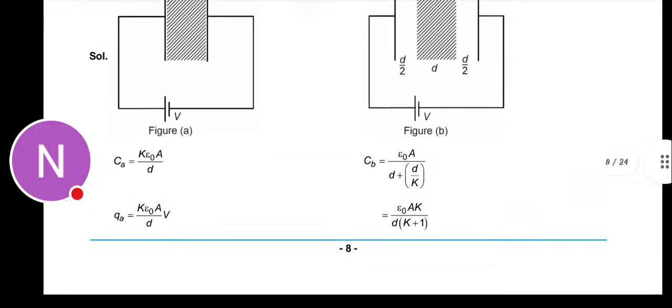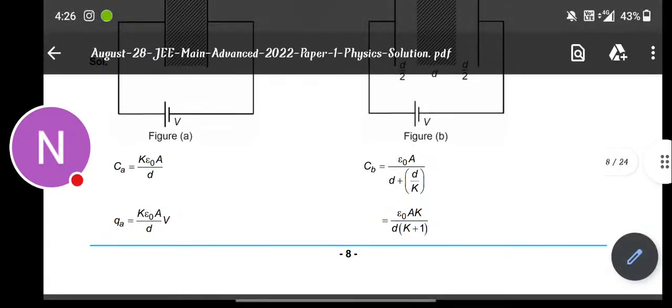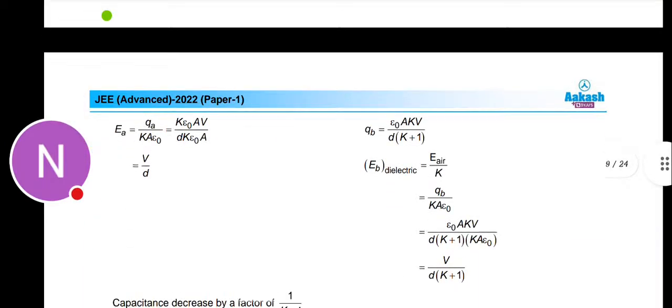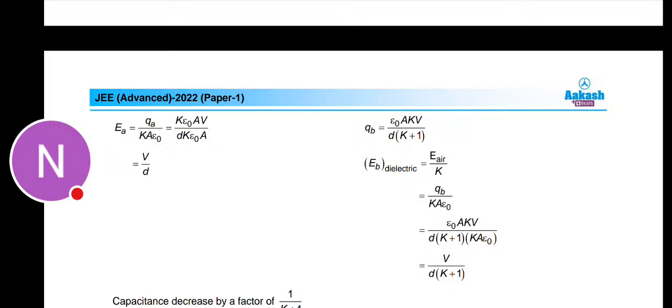And for figure B, CB is equal to epsilon naught A by (d plus d by K), that is equal to epsilon naught A K by d into (K plus 1), that is QB is equal to epsilon naught A K V by d (K plus 1).